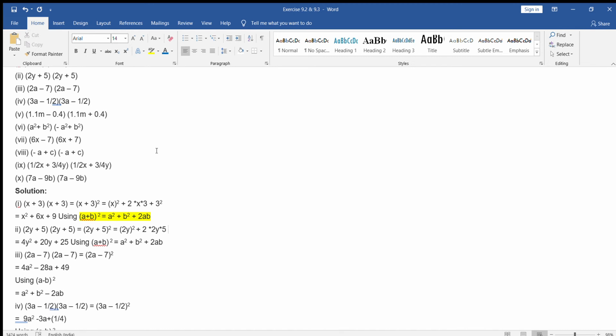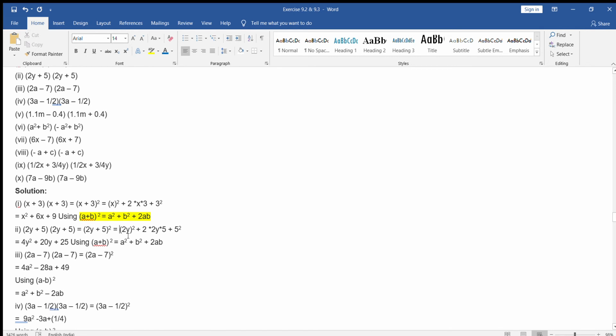Then plus b square, which means 5 square. In this way we write a square, where a is 2y, then 2ab, 2 into a into b, and 5 square.